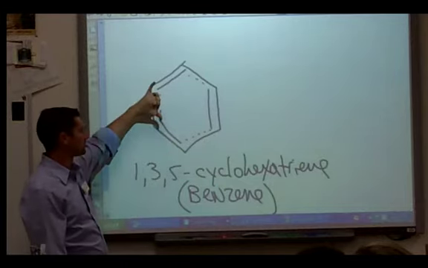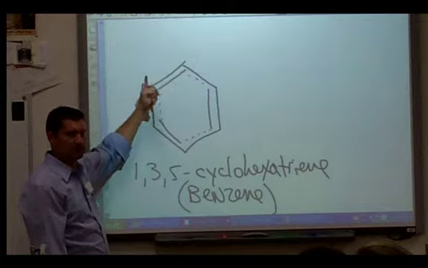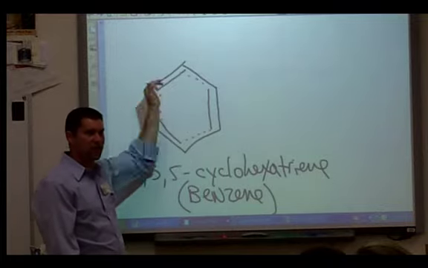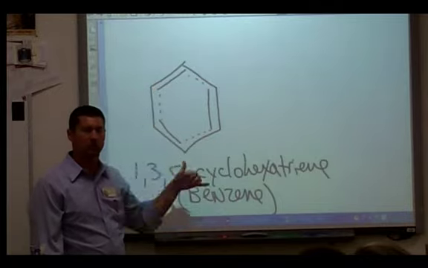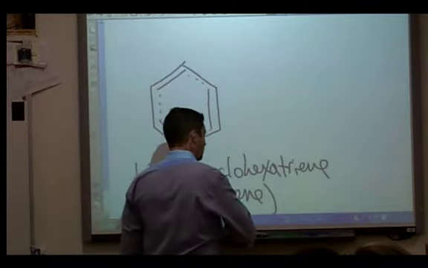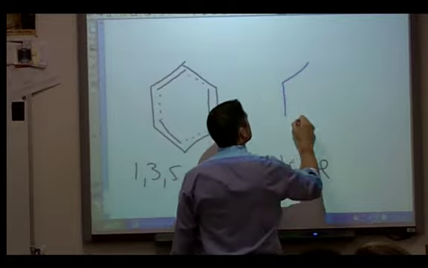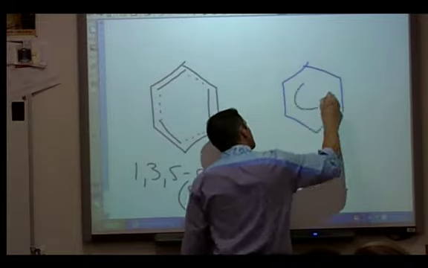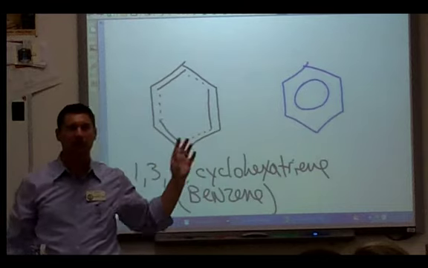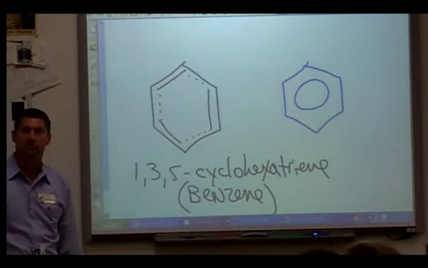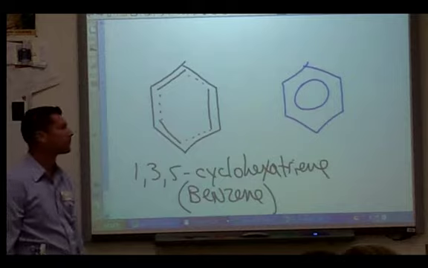Sometimes it's here, sometimes it's there. So it just kind of resonates. You've got this resonating double bond going all around. Okay? So a lot of times they use this to represent it, where it's resonating all around. So that is the symbol for benzene.